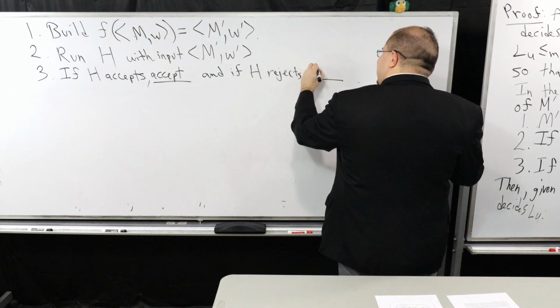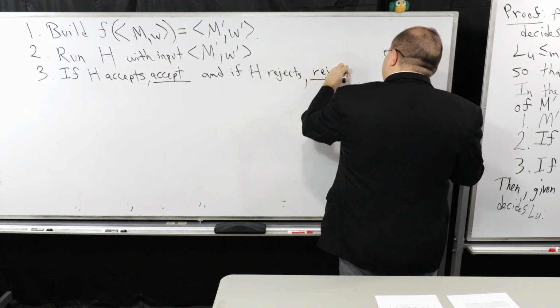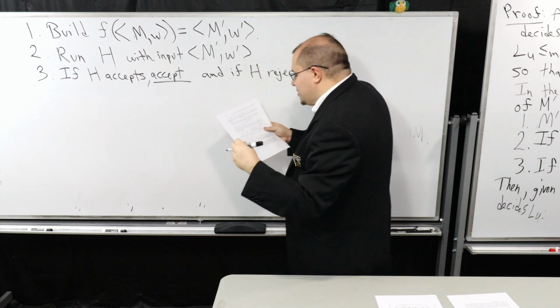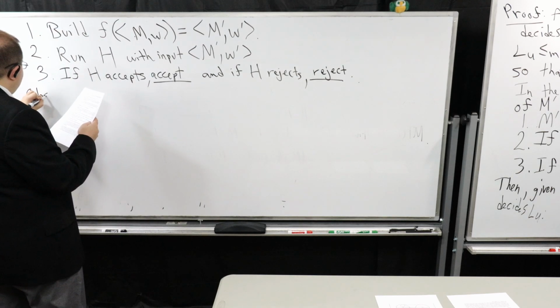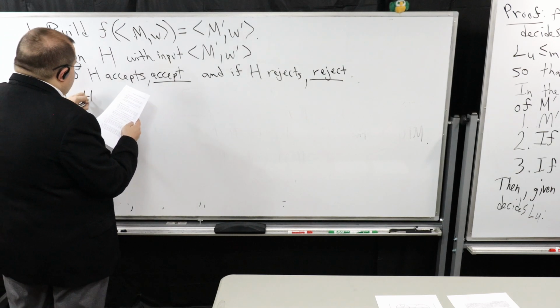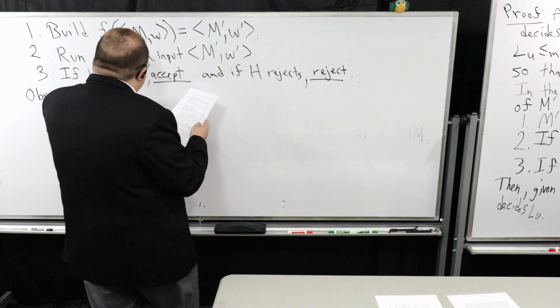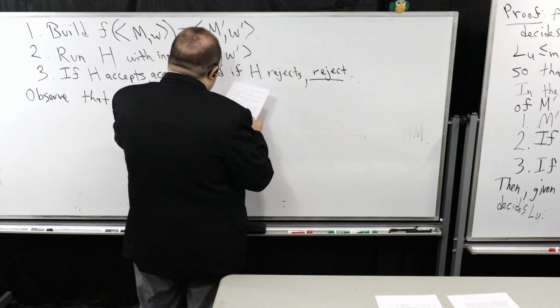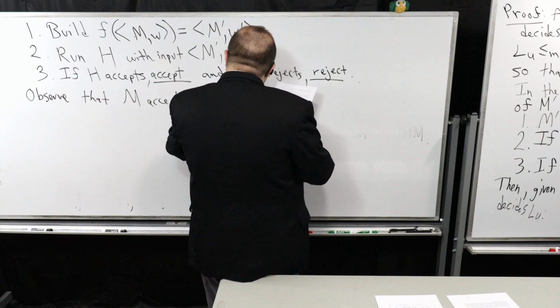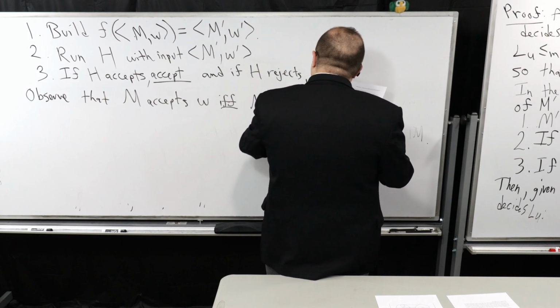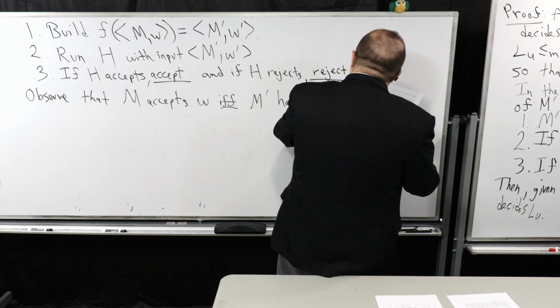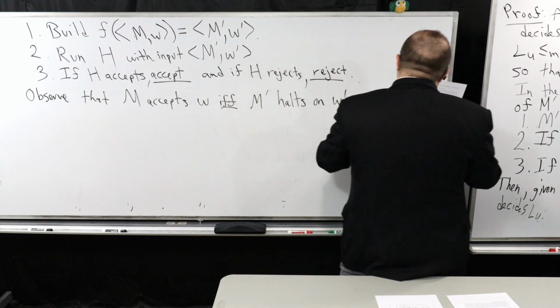Remember? So you know that it most certainly should reject. So just to summarize this last bit, just to be clear, observe that M accepts U if and only if M prime halts on W prime, which equals W.